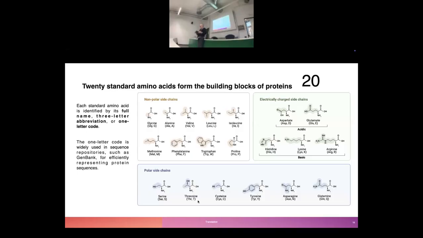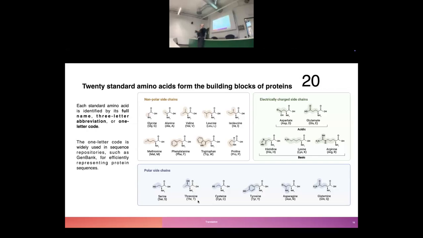So I don't want to go through the whole discussion. I just want to point out three of those, because those ones are definitely important, since they are the ones that can be phosphorylated.